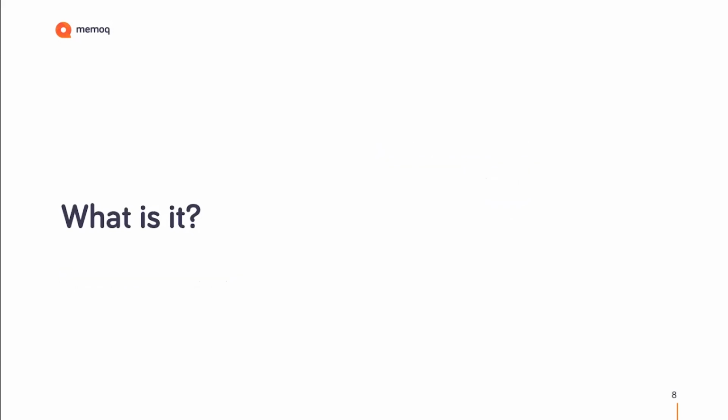So what is it actually? It is a huge comma-separated values file. It is a huge CSV file, which is pretty much a table that each and every software that people use nowadays can understand. So this is why we chose this format. It is cross-platform.